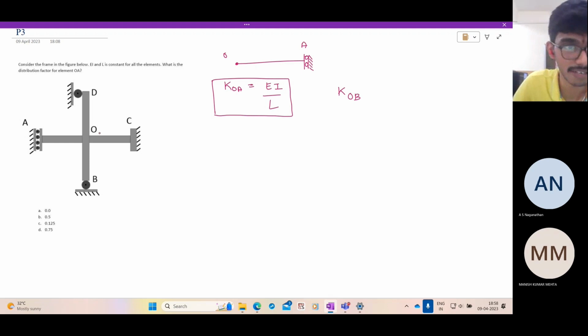Now you should be very careful. As always with force methods of analysis or the displacement method of analysis, the first step is always to draw the deformed shape. Suppose I apply a moment M and it rotates by a certain theta. What will happen to the member OA? It will go like this.